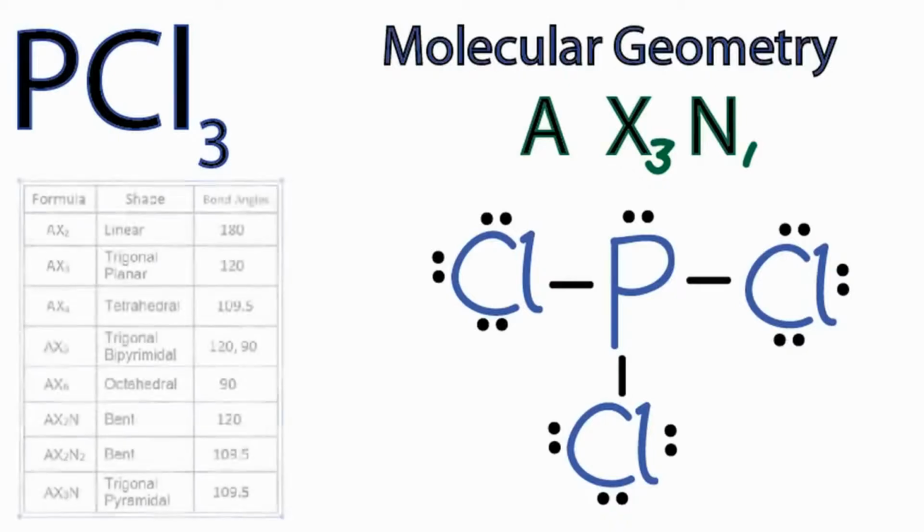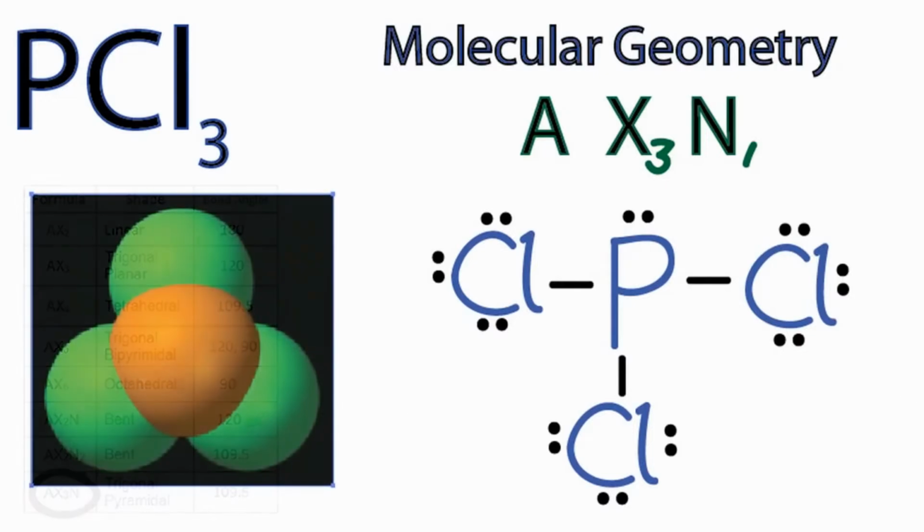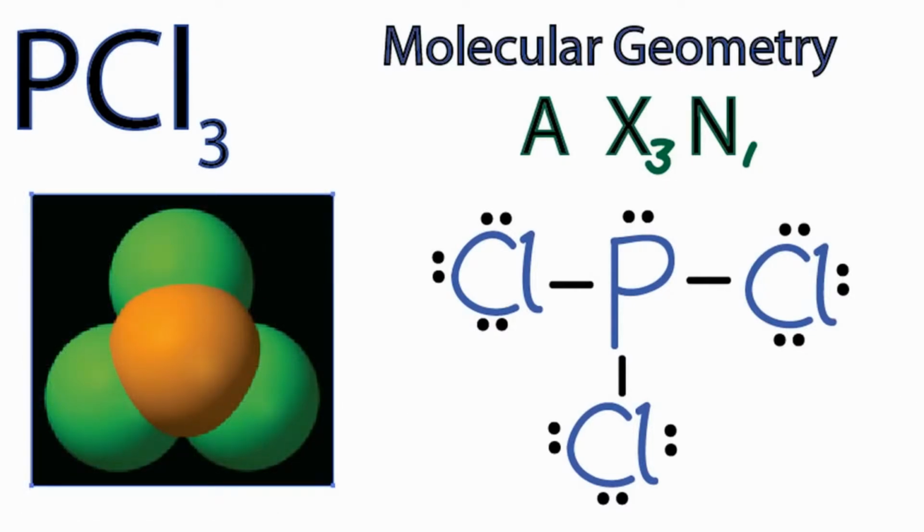for PCl3. So as we go down our table here on the left, we see we have AX2, AX3, down to AX2N, AX2N2. At the bottom we have AX3N, and that is trigonal pyramidal. It also gives bond angles of 109.5, and those are rather general. If we actually look at the molecule, we'll see that it looks like this, where the phosphorus is in the center, and we have floating above it that lone pair of electrons.